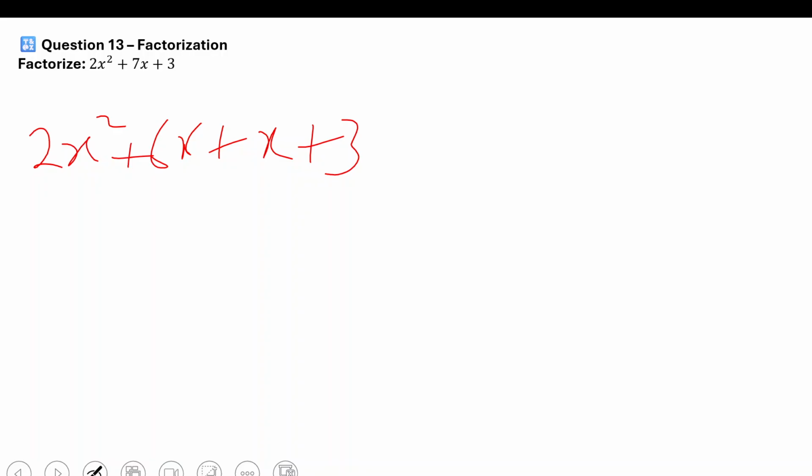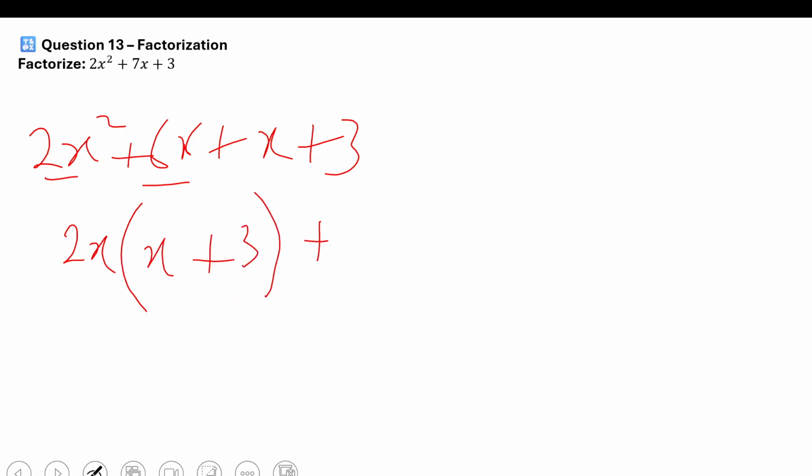So the first two terms and the last two terms, I'll group them together. What is common in the first two terms? What's common in these two? I have 2x is common. So open bracket. What's left there is x plus 3. All right, you put your plus.